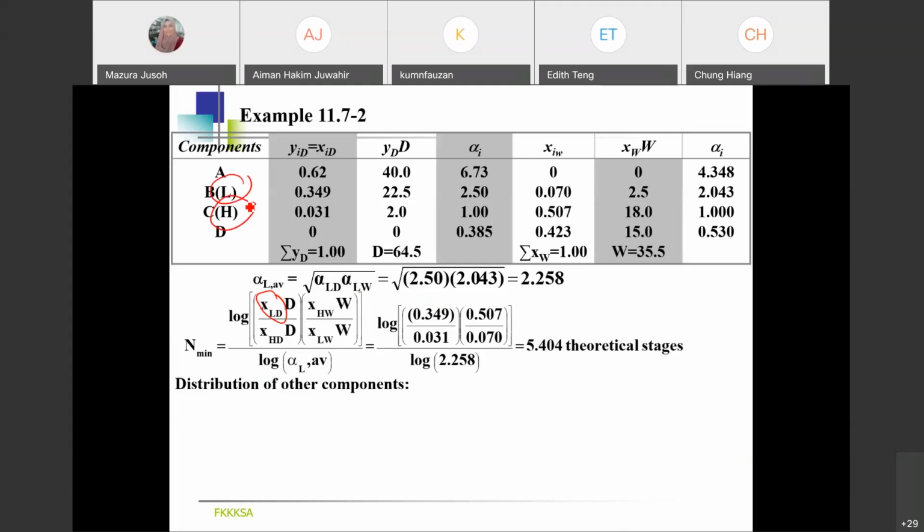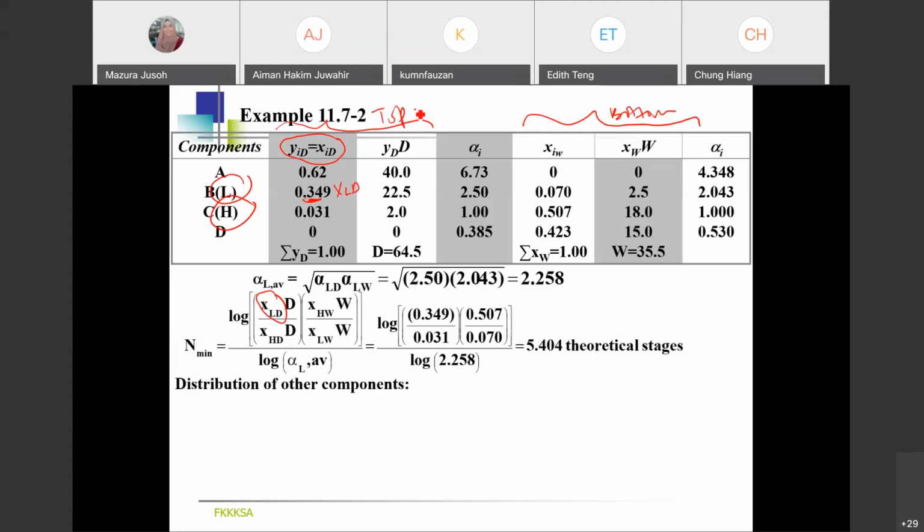So for XLD, Y is equal to X for the distillate, so you'll take this one. This one is XLD, the light key component in the distillate, because this one is for your distillate. This one is for your bottom product. This one is your top.